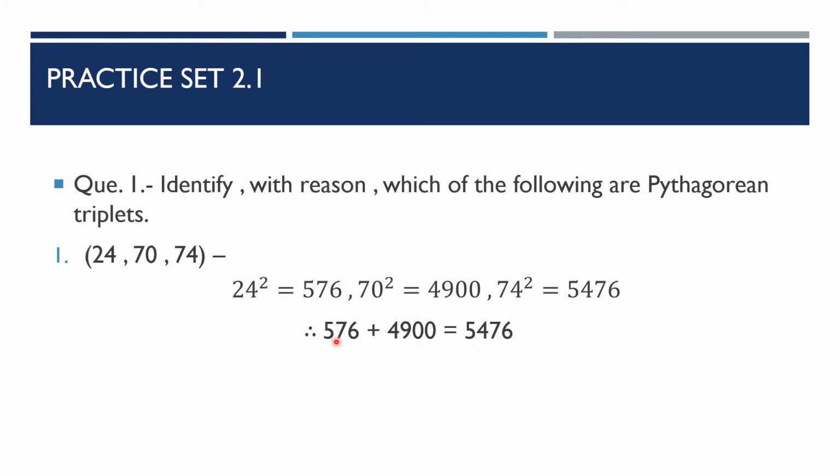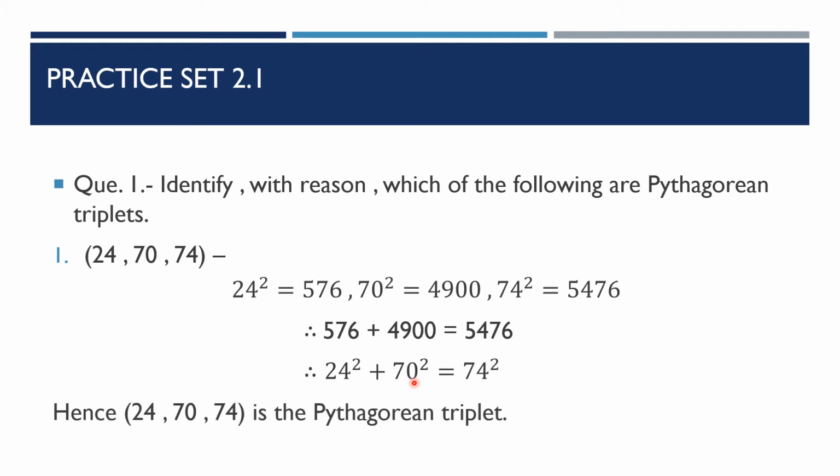Then by taking the addition of the squares of the smaller numbers, 576 plus 4900, this addition is 5476, and this is equal to the square of the largest number. Therefore we can write 24 square plus 70 square is equal to 74 square, and hence this is a Pythagorean triplet.